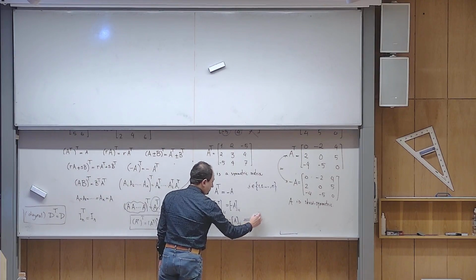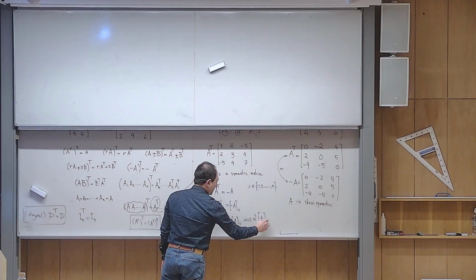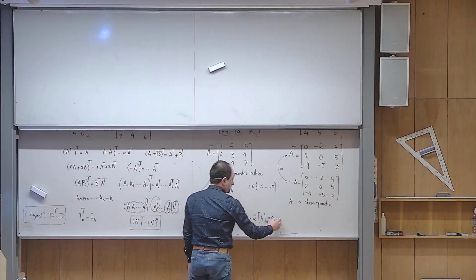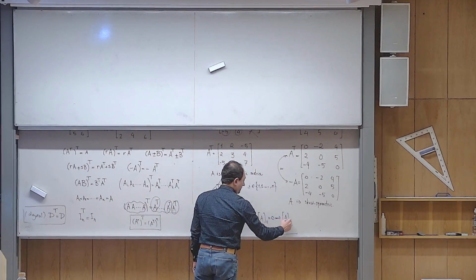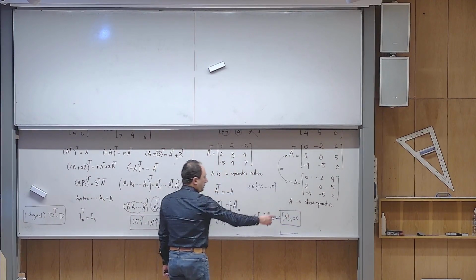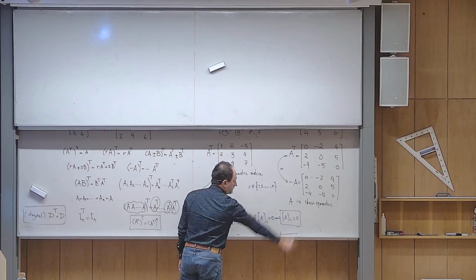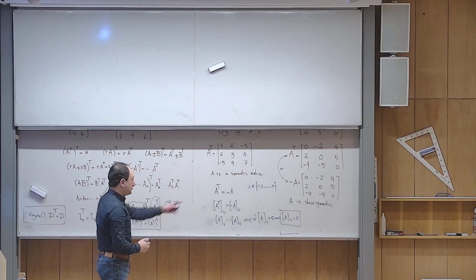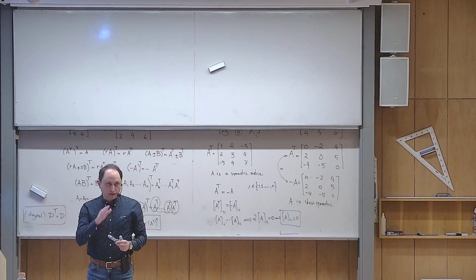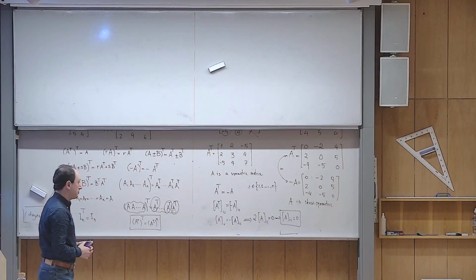So this becomes 2a_ii is equal to 0. So this means that a_ii is 0. So for any i, a_ii is 0. So it means that with this assumption, I can prove that every element on the main diagonal is 0.